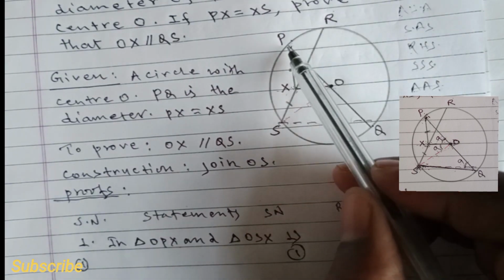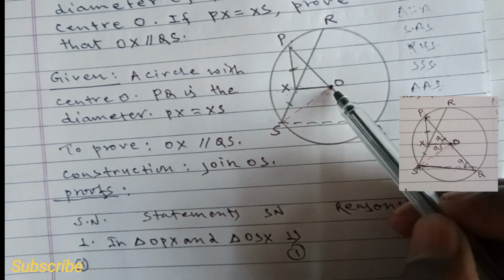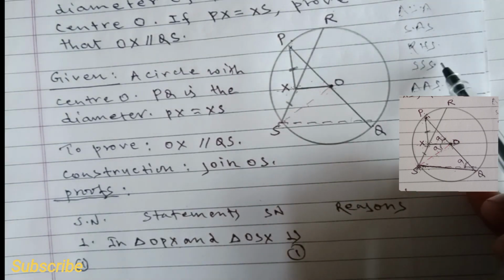In this case, two triangles OPX and OSX we can show congruent by SSS fact.